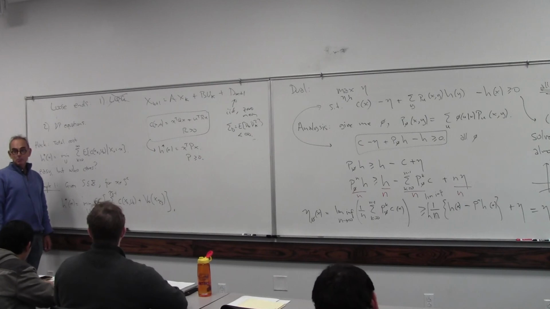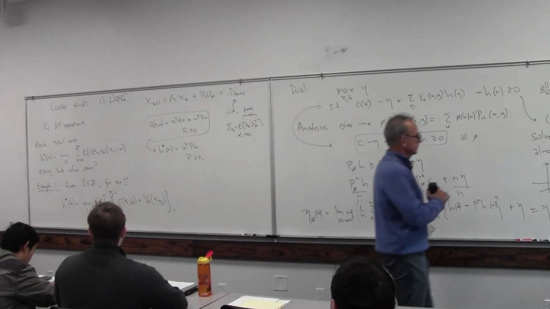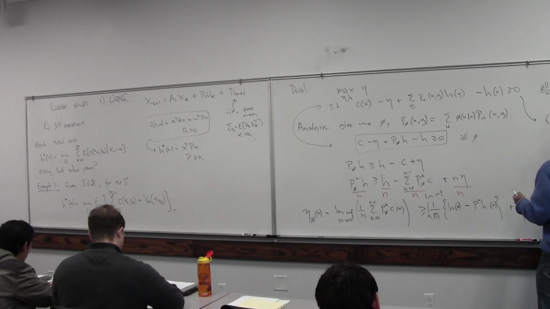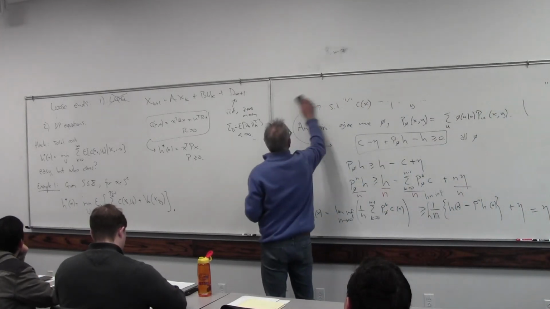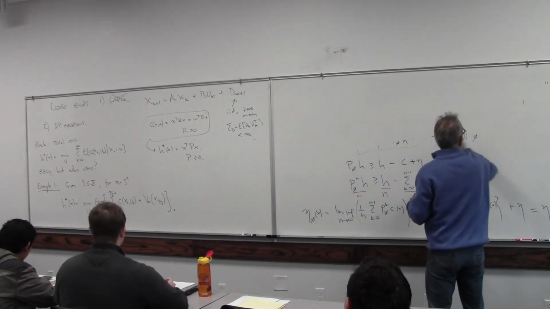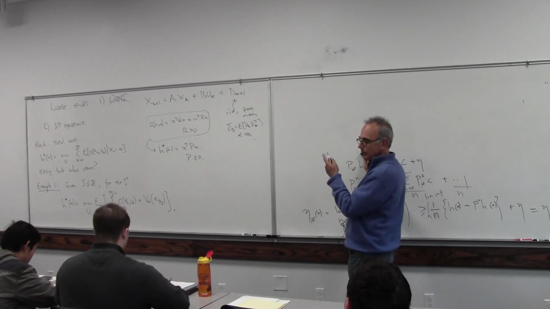So there's an example. Anybody can see why? It's not obvious. So how can I make that finite sum into an infinite sum?